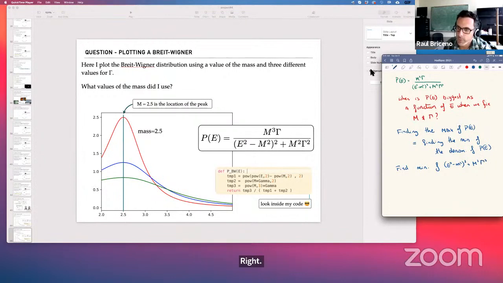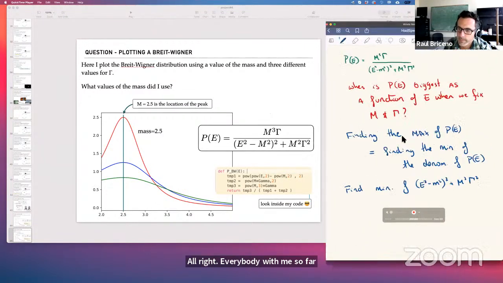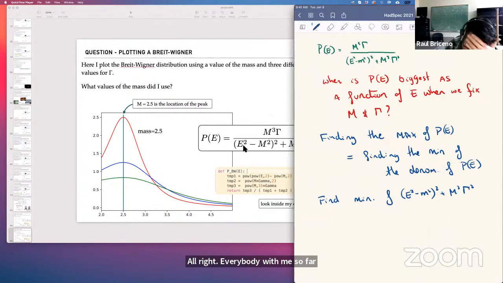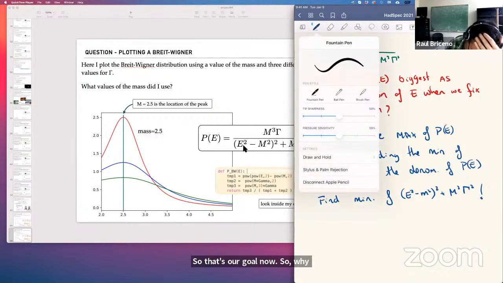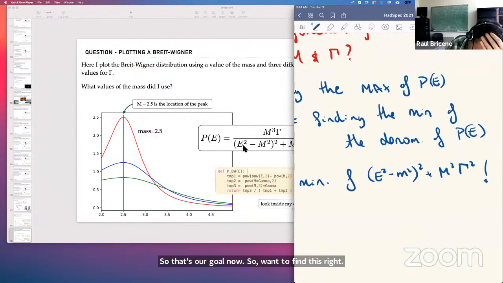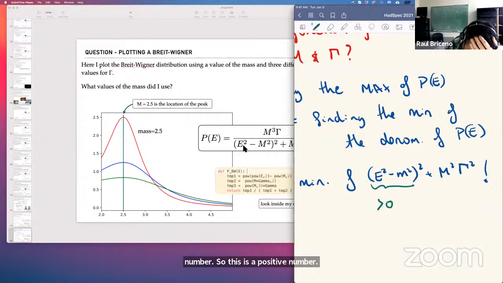Everybody with me so far? So that's our goal now. The point is that this is just a positive number, greater than or equal to 0. This one is always greater than 0.